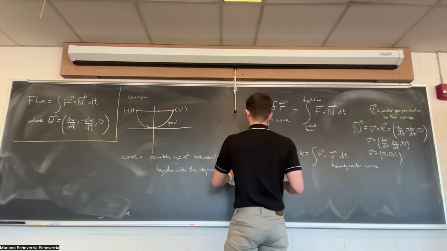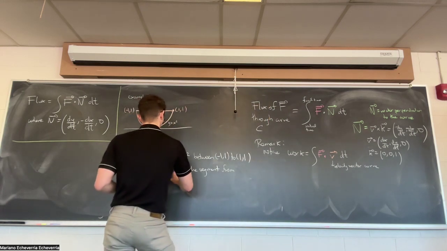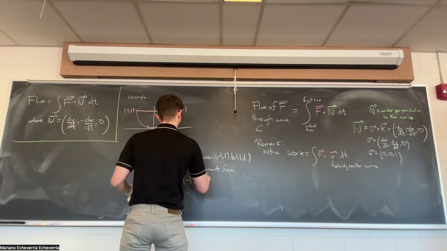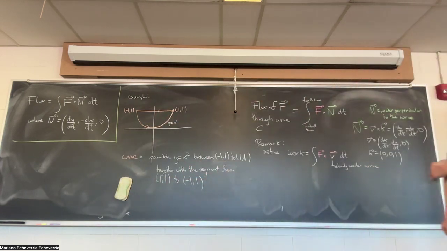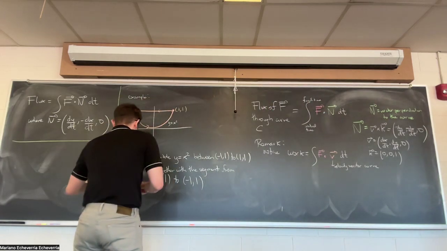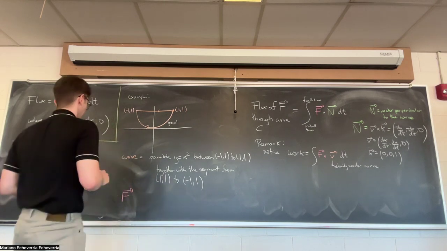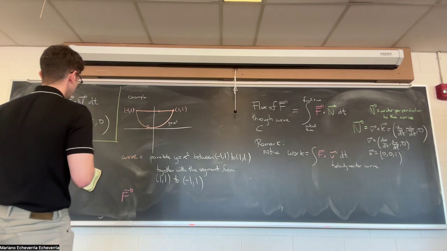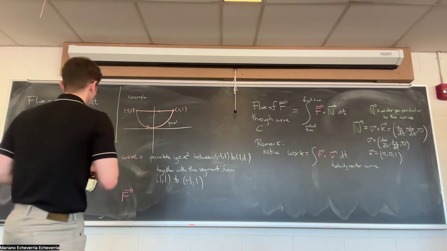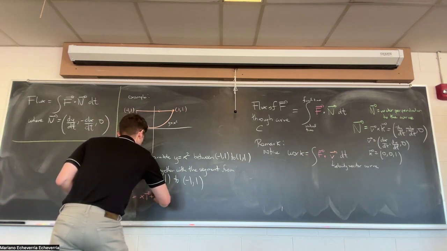So it's what you see there in that curve. And let's say that the vector f, just to make this easy, is f = xi + yj.